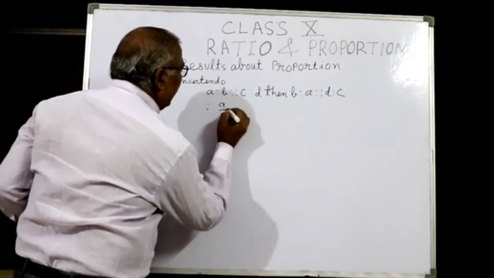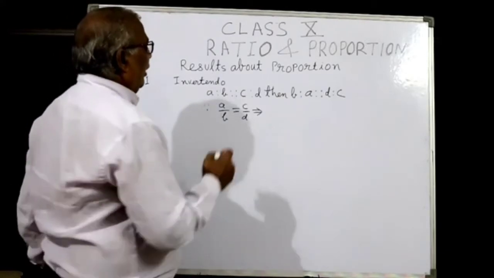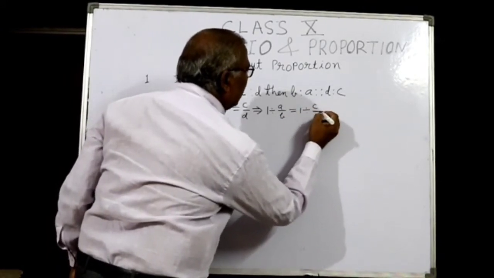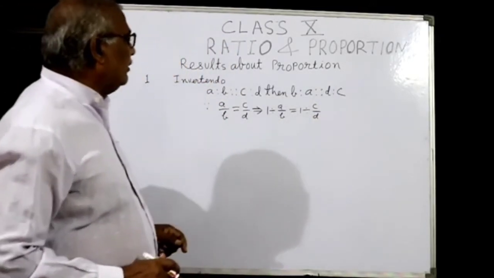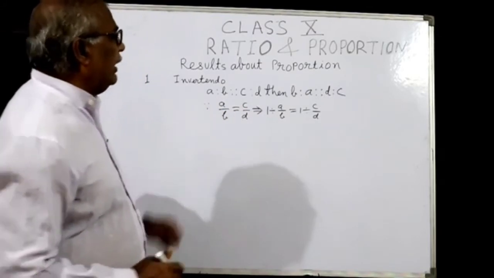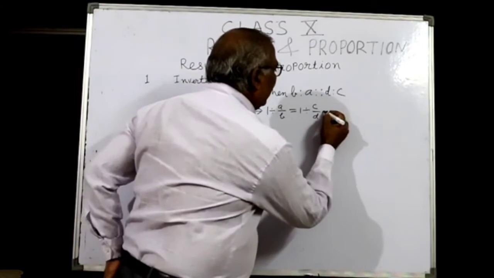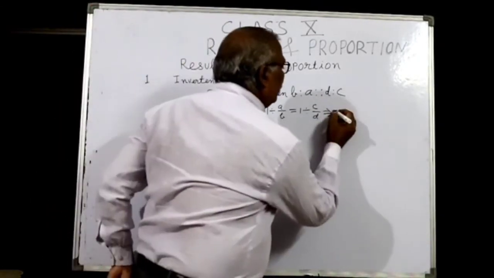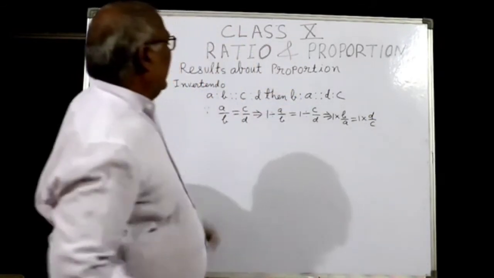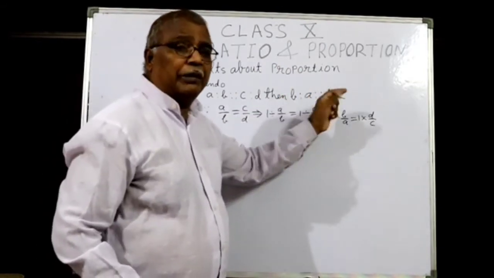Since A upon B is equal to C upon D, this implies that 1 divided by A upon B is equal to 1 divided by C upon D. This implies that 1 into B upon A is equal to 1 into D upon C. Here, this division sign changes into multiply, then A upon B will become reverse and C upon D will become reverse.